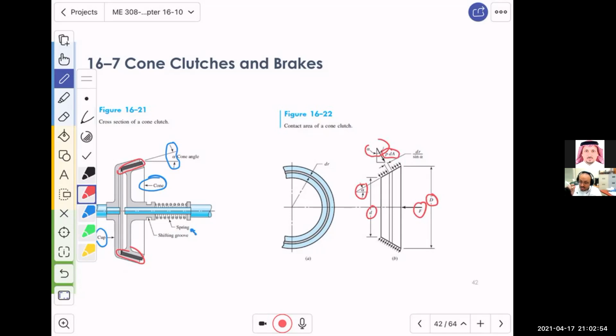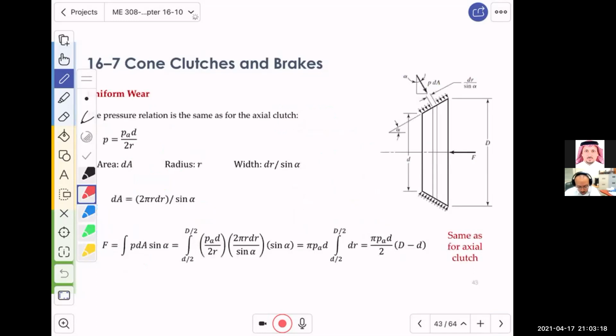Correct? What are we going to do? We're going to take a little strip. That strip has a width dr over sine alpha. These are very important when you construct the integral, right? Again, I am not going to go over the integration, ya shabab, but rather I want to show you how we basically derived it.